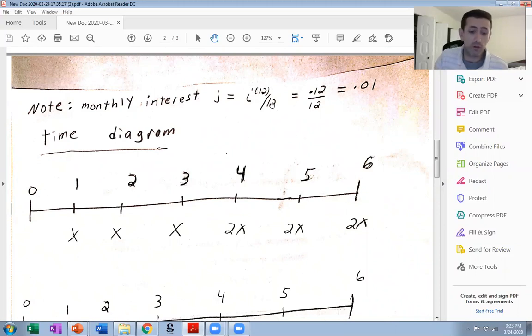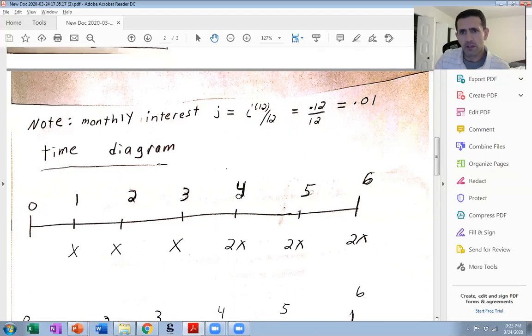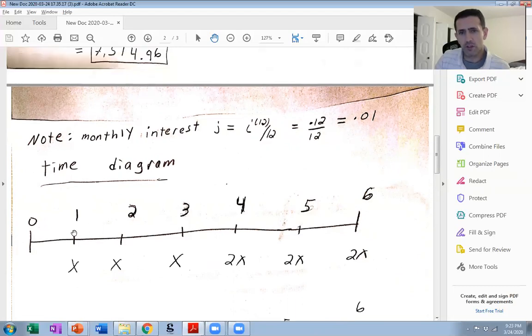Per 1/12 year interest is per month interest. So that's 0.01. So we have the following time diagram. First 3 months payment is X, next 3 months is 2X, for a total of 6 loan payments.